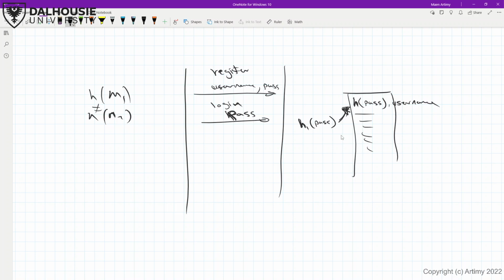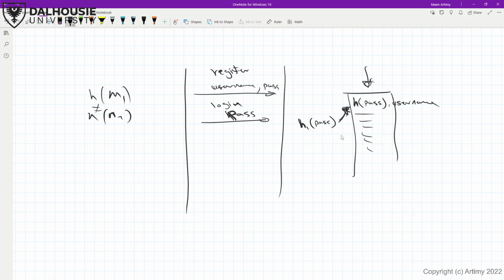So this way we don't need to store the actual password. We just need to store the hash, right? All right, so what if somebody gets their hands on the hashes? Will they be able to figure out the password? Not really. It's very hard to find the password that generated this hash.